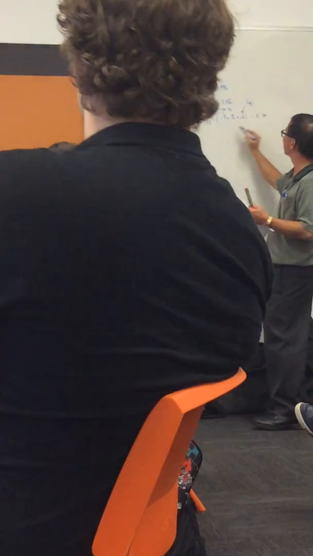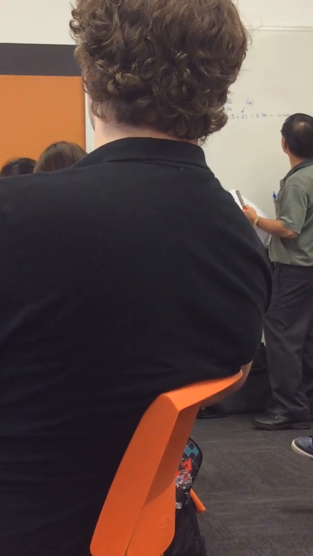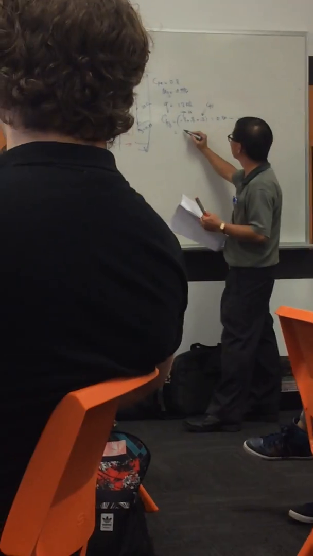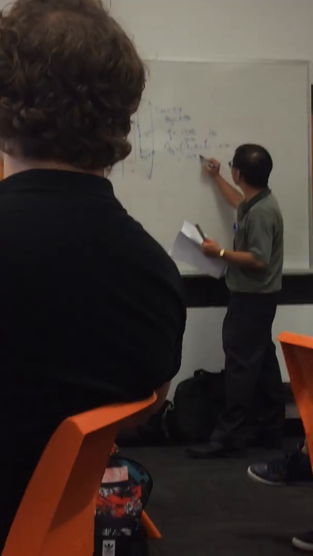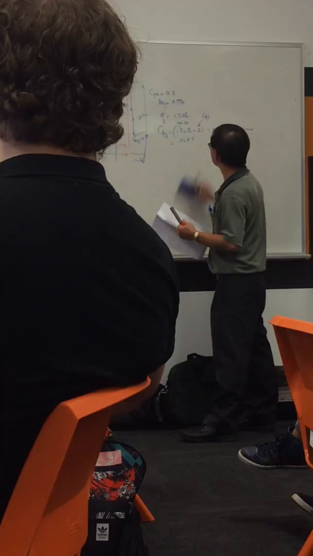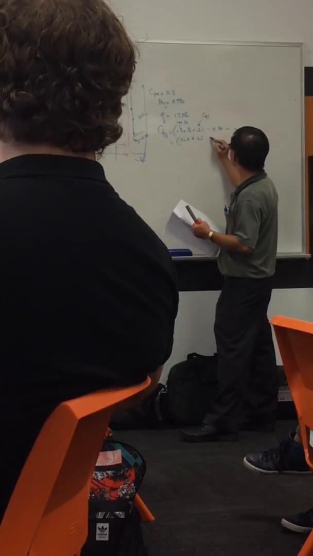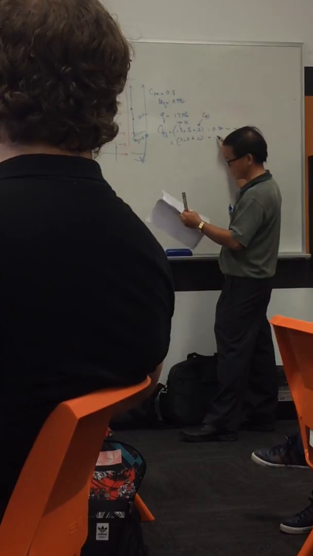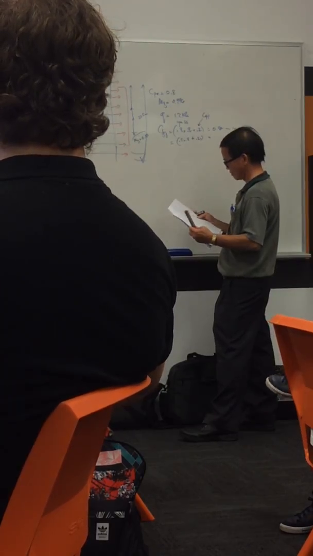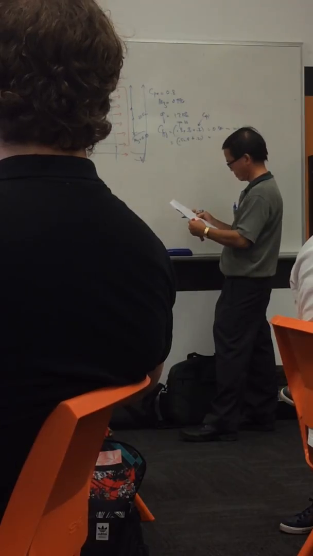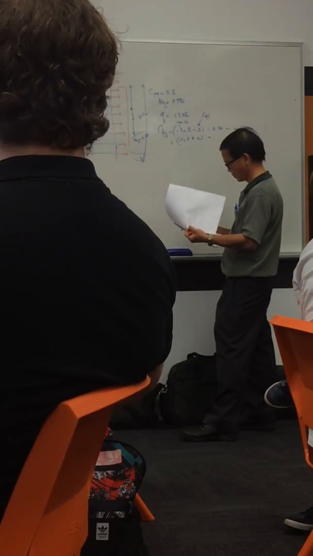If you use this, this is the windward. And for the leeward, you got 0.5 times 0.8 minus 0.2, and that would become 0.2.